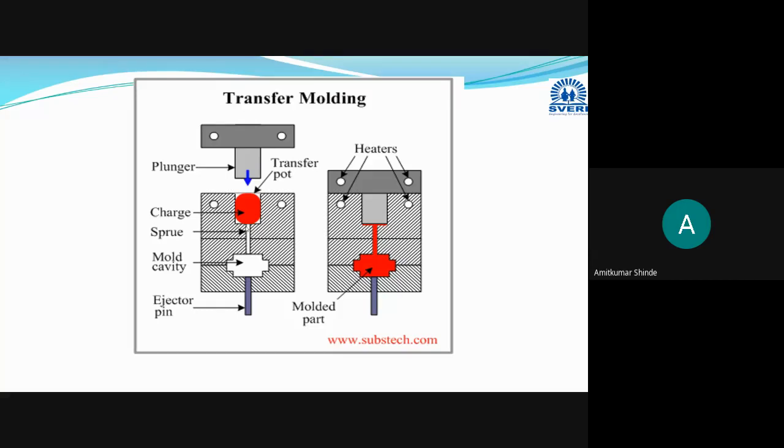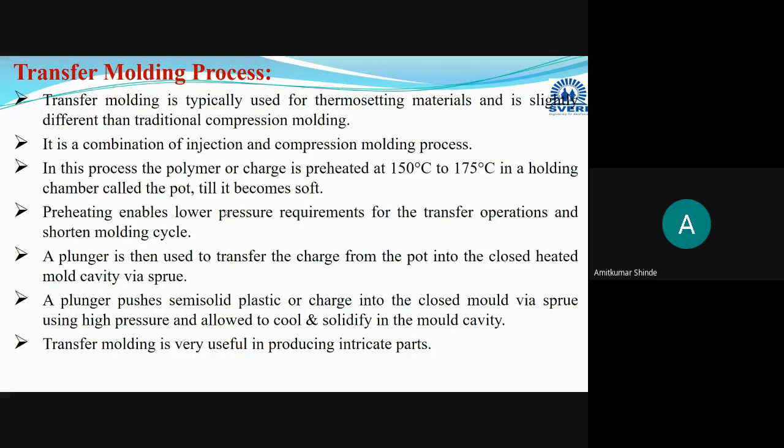Generally the heating temperature range is 150 degrees Celsius to 175 degrees Celsius. So this is the basic concept, and all that part I have collected in this first slide. Whichever part I have explained in short, all these stages I have explained here.